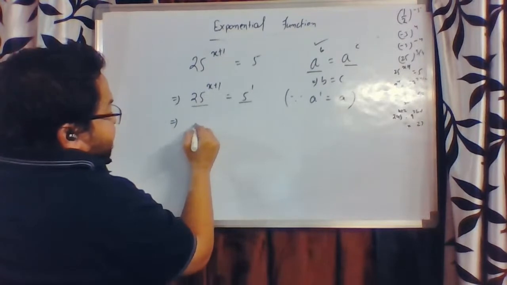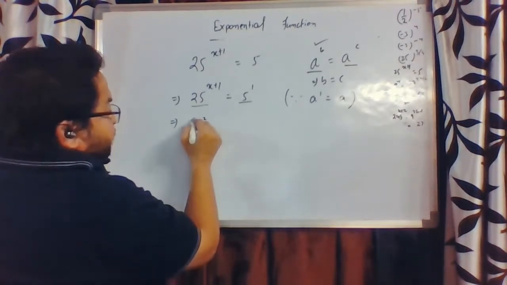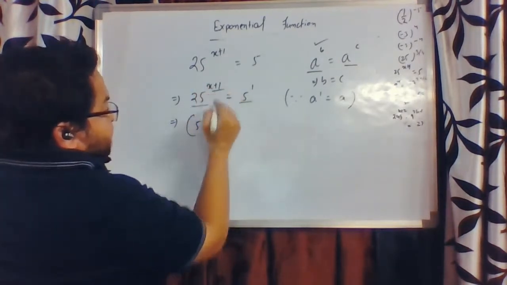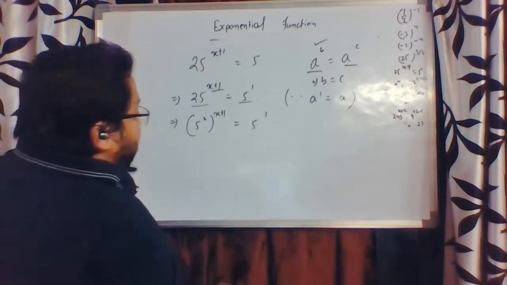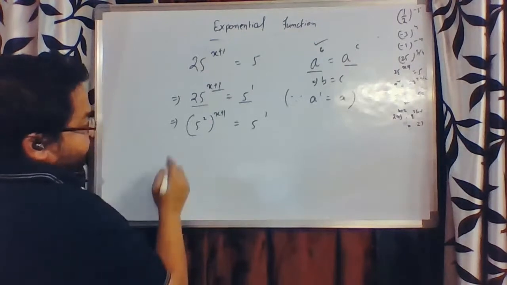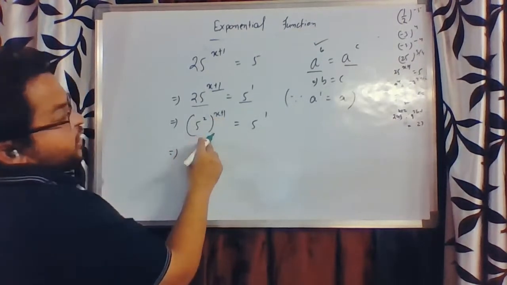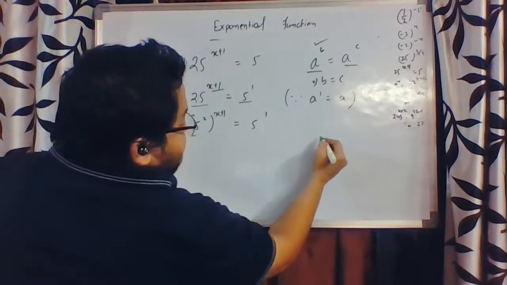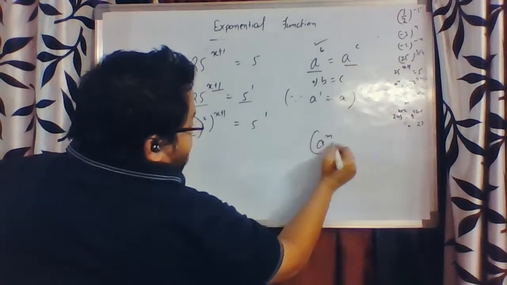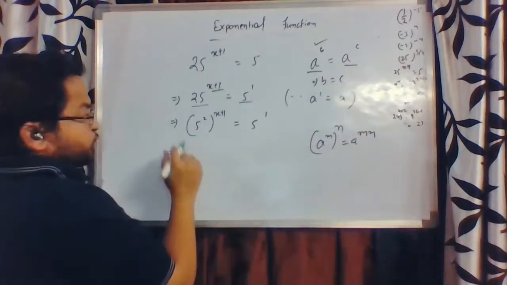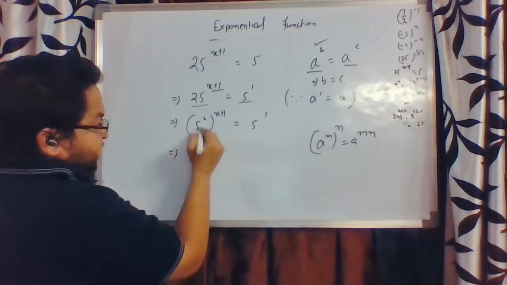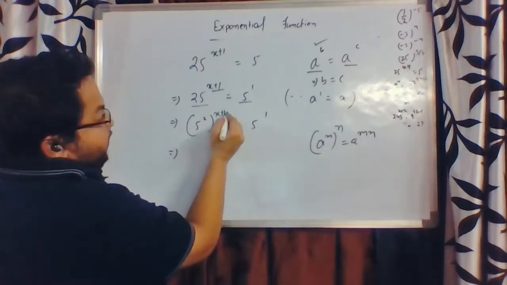So 25 can be expressed as 5 to the power 2, and the rest I have x plus 1, so I'll retain x plus 1, that is equal to 5 to the power 1, right? Now here I can apply another law which we had studied, that a to the power m whole to the power n is nothing but a to the power mn. So using that, I can write it as 5 to the power 2 whole to the power x plus 1.